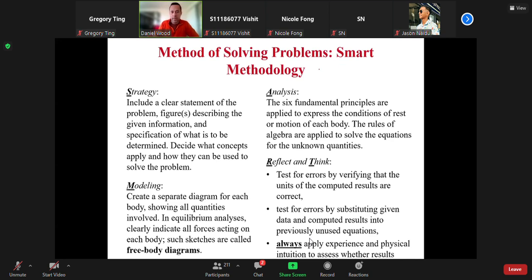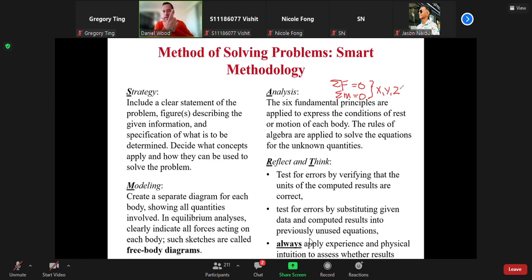So typically, when we're talking about the 6 fundamentals, we're talking about the sum of the forces must equal 0, the sum of the moments must equal 0. And they're about the X, Y, and Z axes. So that's why we have 6, yeah? You've got to take care of all 6 axes.